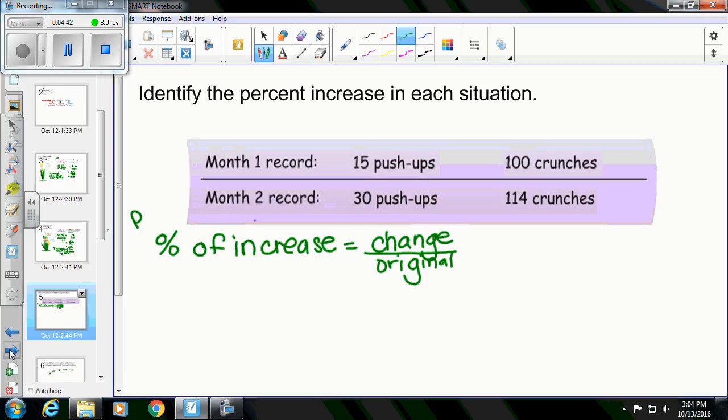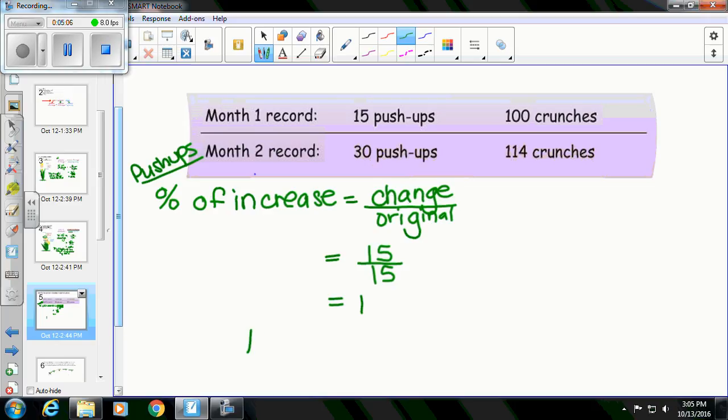For the push-ups, I went from 15 to 30, so I changed by 15. And my original was 15. 15 over 15 is 1, or 100% increase. When we're doubling, you are increasing your original amount by 100%.